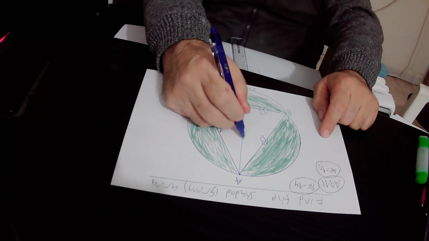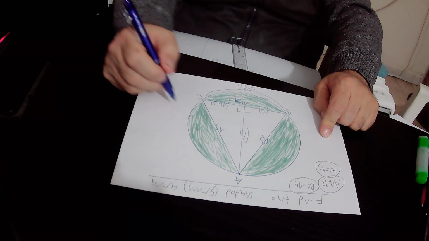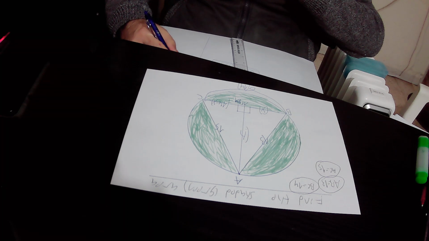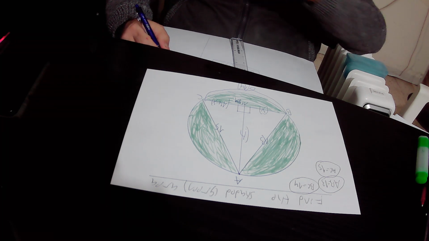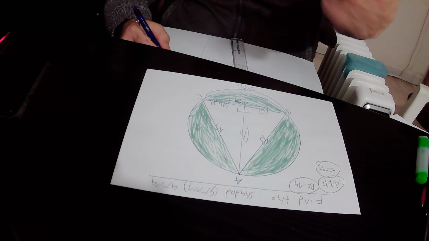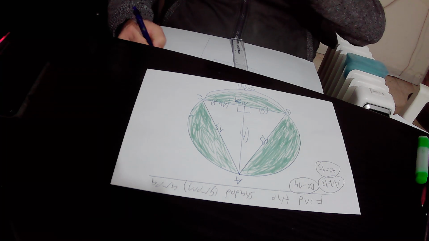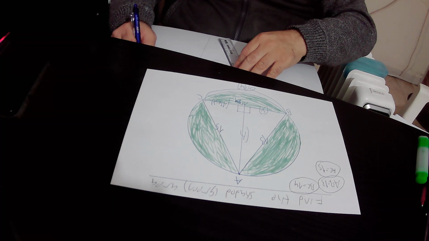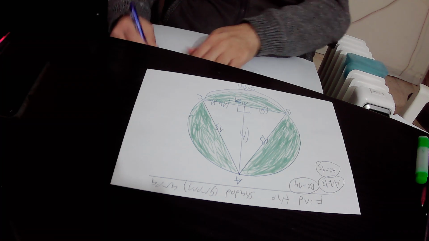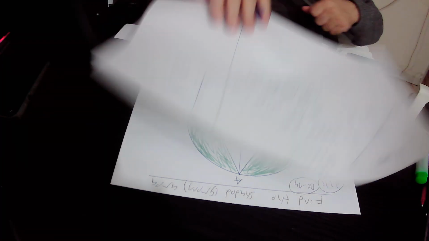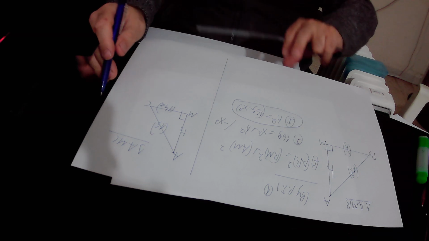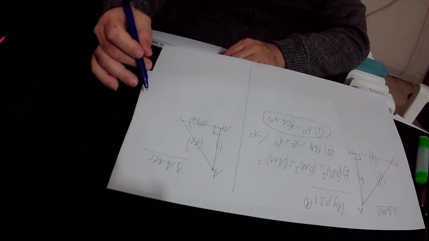AM equals H according to our definition. And side AC equals 15 units in its length according to what is given in the question. So this is triangle AMC that I copied from the original drawing.